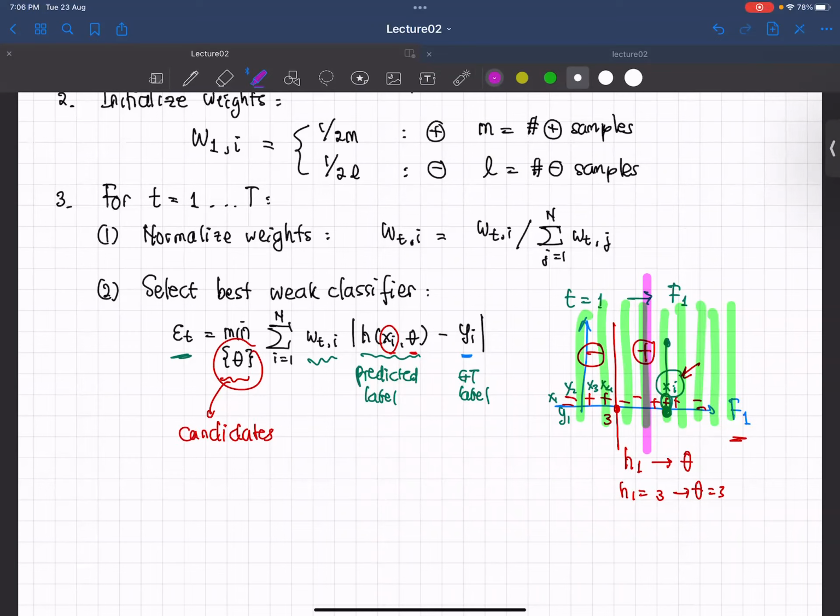And it is not necessary because once again, we are just trying to find a weak classifier. It's a weak classifier anyway, right? So in this case, to speed up the process, we reduce the number of the candidates. So for example, we just choose 5 candidates. Now the question is how we can choose 5 candidates?